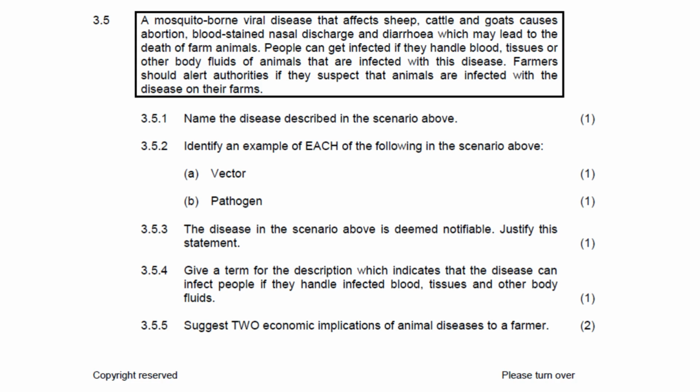And also, you might find yourself having increased costs, because you will have to buy additional treatment, medication, or even vaccinations for these animals, and that can impact the finances of the farm. Right. Now, let's move to the next question.